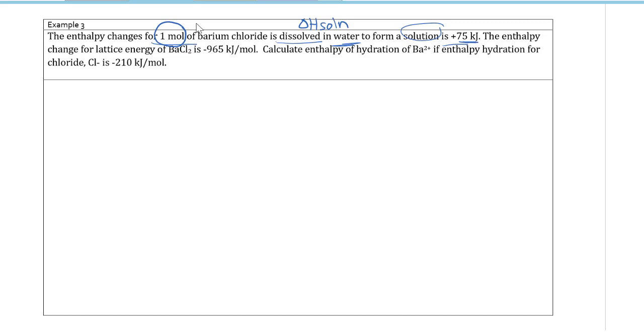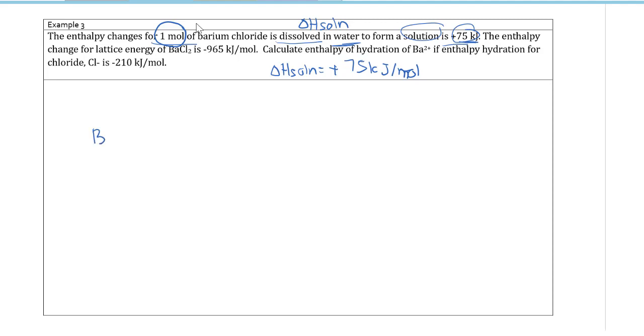Actually this value is referring to enthalpy of solution. If I transform this into a mathematical expression, it should be positive 75 kilojoule per mole, because it already mentions 1 mole.